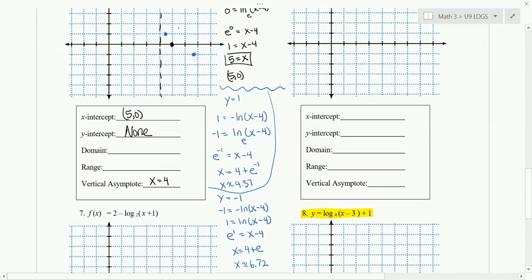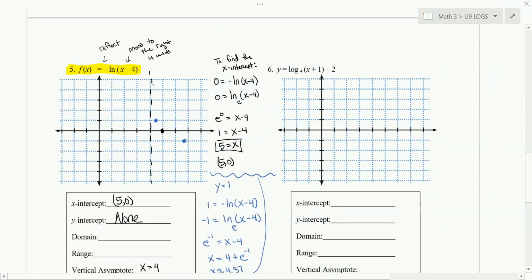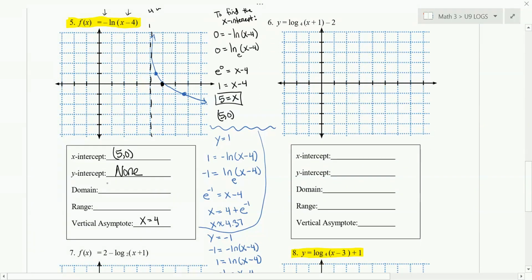So about right here. And if I draw a smooth curve through here, this is our logarithmic curve. Domain is all x values greater than 4. Our range is all real numbers.